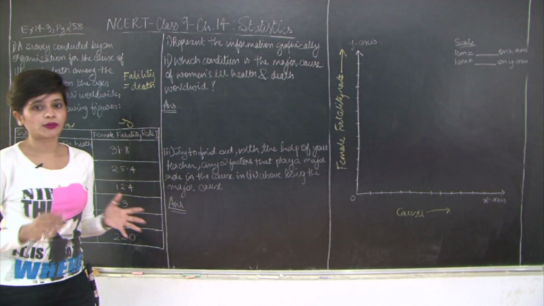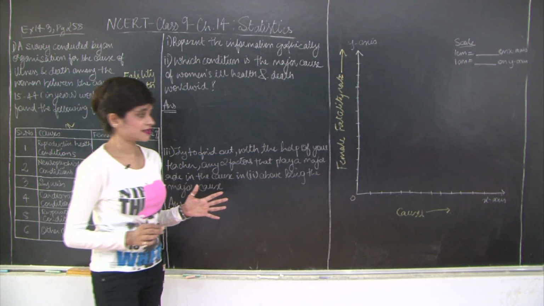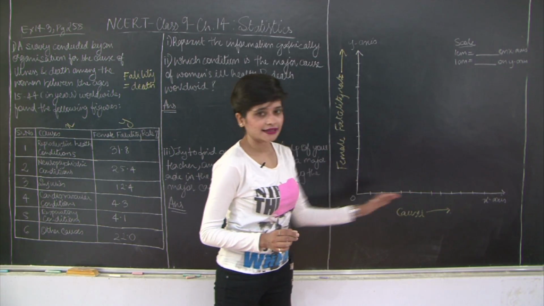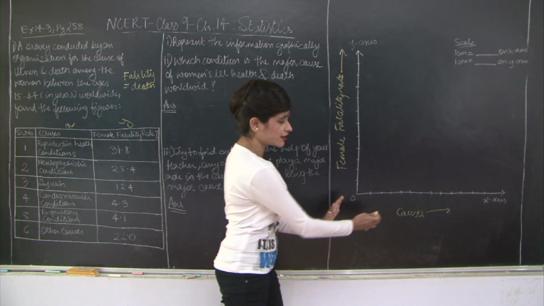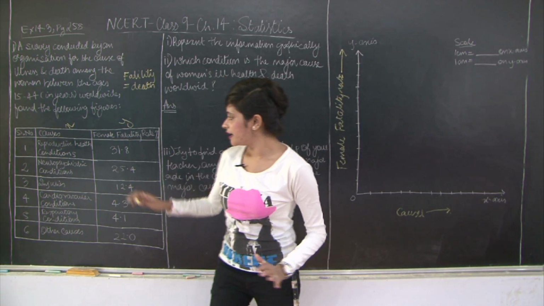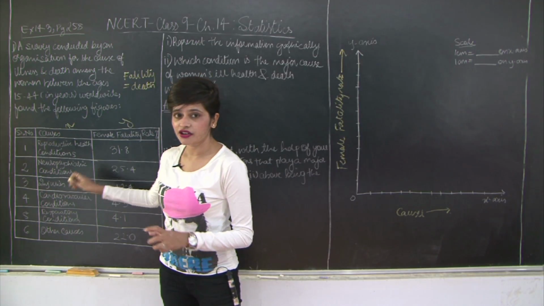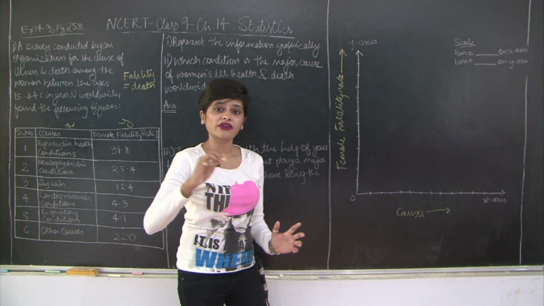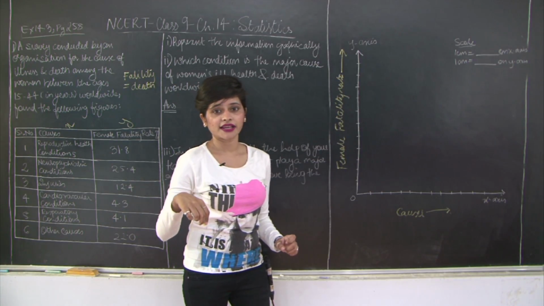What we will do is go ahead and plot the bars. Now, I have to consider my coordinates on the x-axis and the y-axis. I have already given the labels, causes and female fatality rate. These labels are really huge, so it's not practically possible to write these down. I will write their names into the bars that I draw.